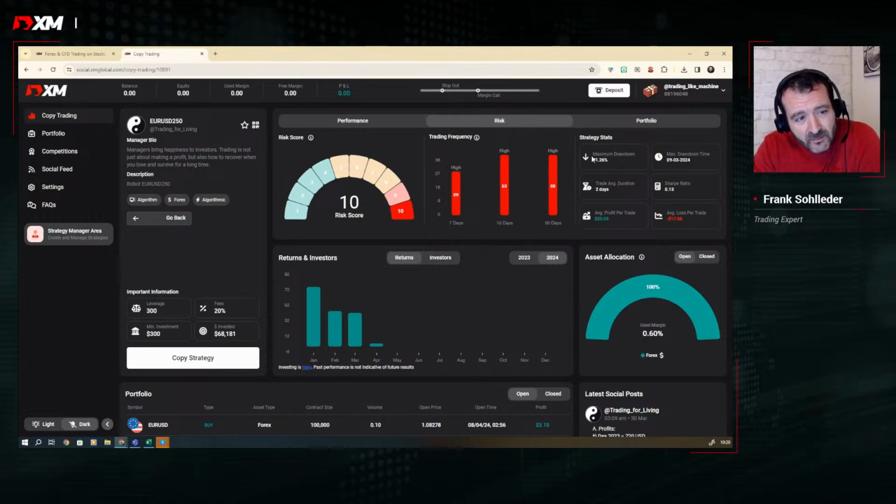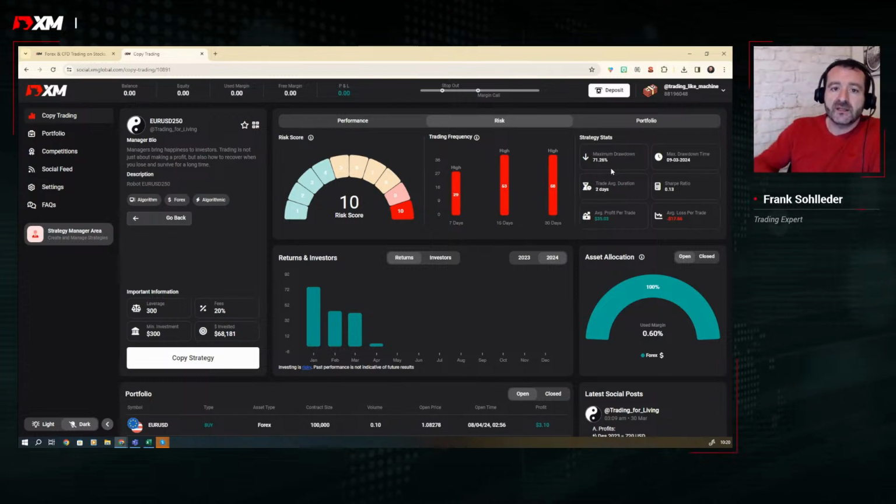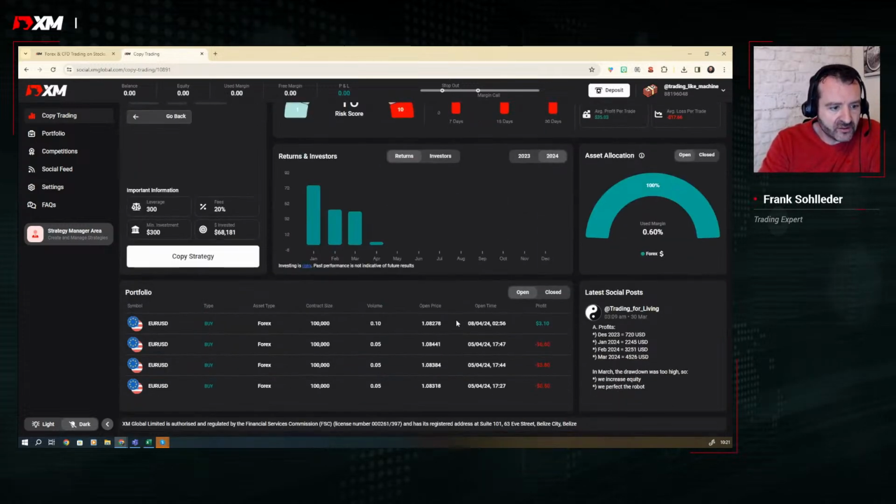But we're seeing here a maximum drawdown of the account of 71.26%. That means three quarters of the money that we had on the account was at risk at this moment. Potentially it was just a relative drawdown, so it never was completed, never was closed in the trading history of the trades.